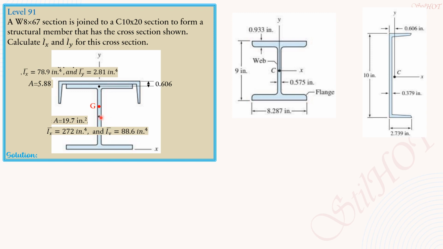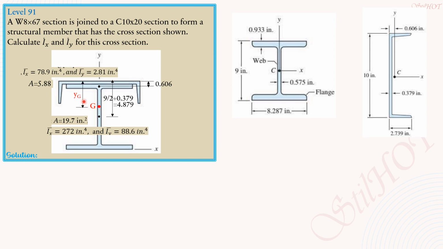The distance of the centroid of the wide flange to the top edge is half of the depth, 9/2, plus the thickness of the web of the channel, 0.379. So that distance is 4.879 inches, because our reference in computing YG is this upper edge of the channel.